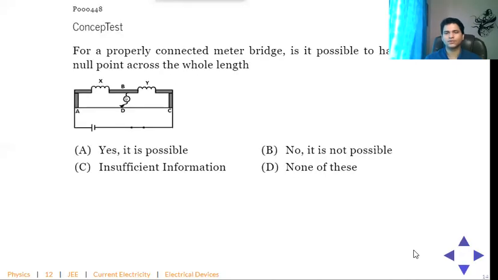Meter bridge. So, tell me. Next question is meter bridge. For a properly connected meter bridge, is it possible to have no null point across the whole length?